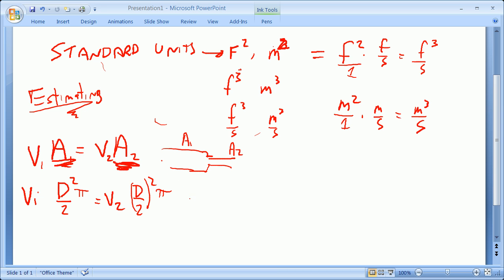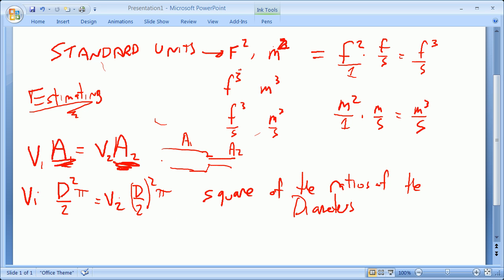And so the velocities are not just based on the ratio of the areas, they are based on the square of the ratios of the diameters or the radiuses.